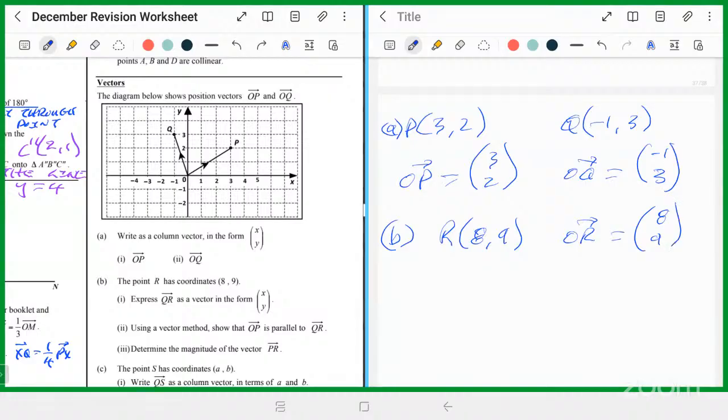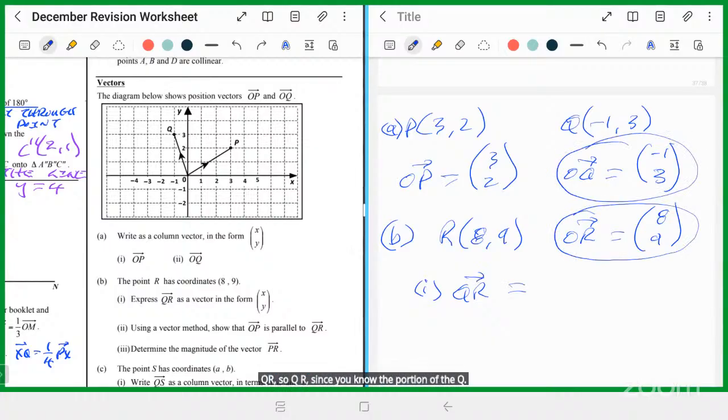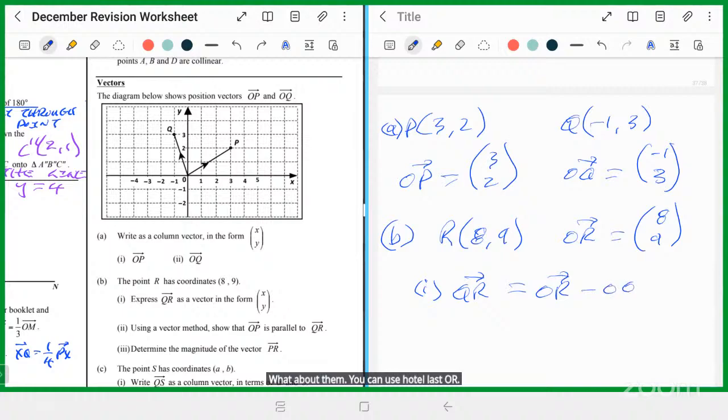And the question wants us to find part 1, the vector QR. So QR, since we know the position vectors of both Q and R, we can use O times the last, which is OR, minus O times the first, which is OQ. So it becomes OR, 8, 9, minus OQ, minus 1, 3.